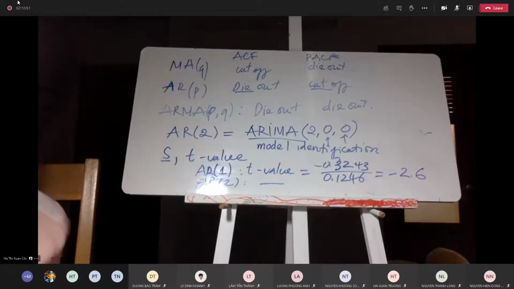So it's not significant at the 5% level, but significant at the 10% level.